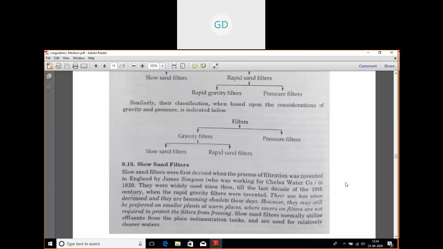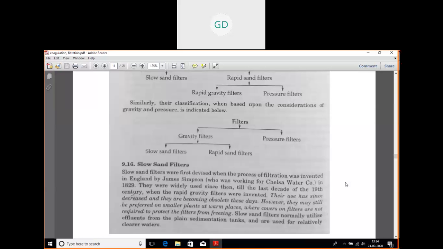Nowadays slow sand filters have become obsolete. People generally don't use slow sand filters nowadays because of its vast drawbacks. It has many drawbacks as compared to your rapid gravity filters. Clear?